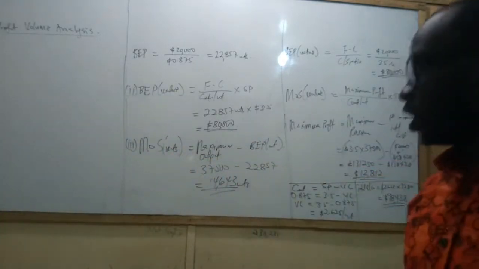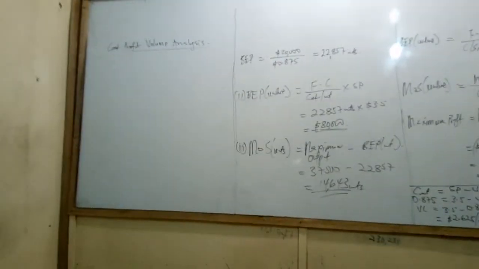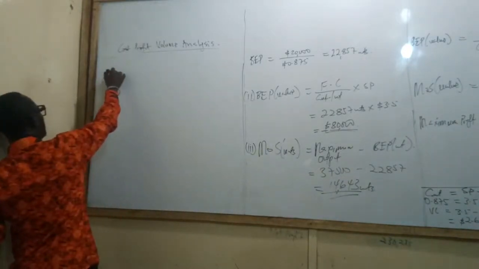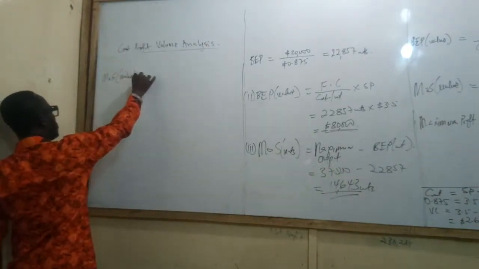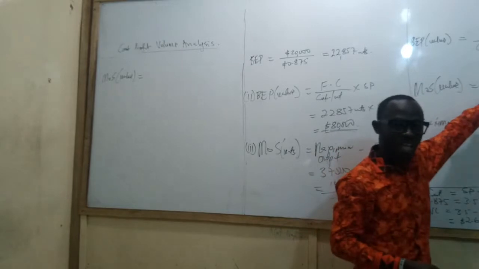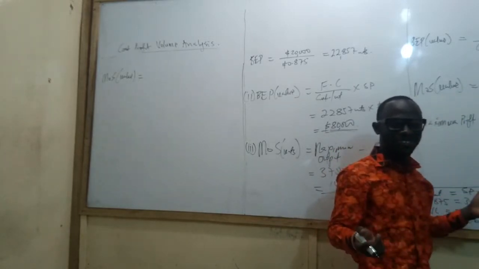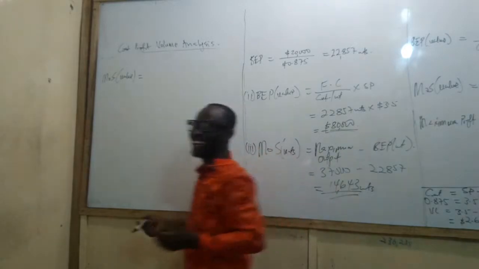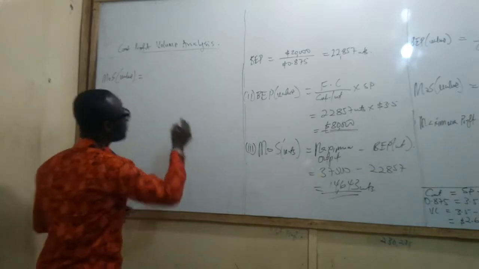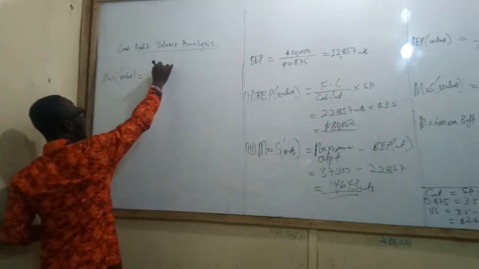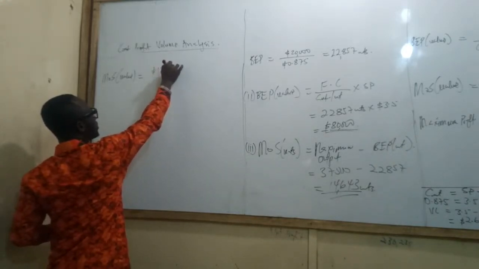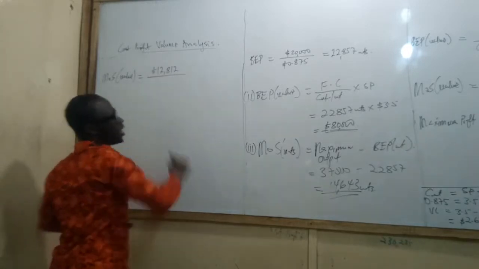So now stay with me on MOS in value. Margin of safety in value, where maximum profit is the numerator. We have not calculated margin of safety in value yet; we were doing workings. So what's our maximum profit there? 12,812, divided by contribution per unit.